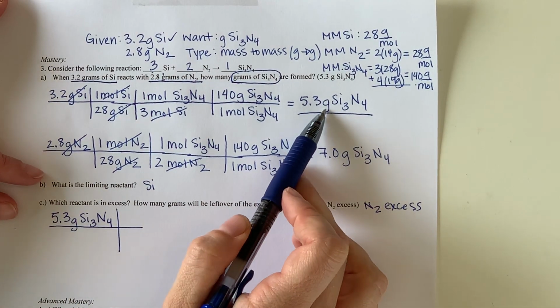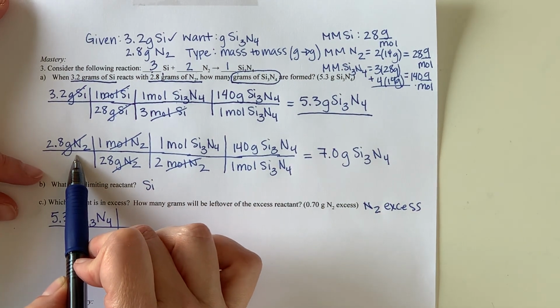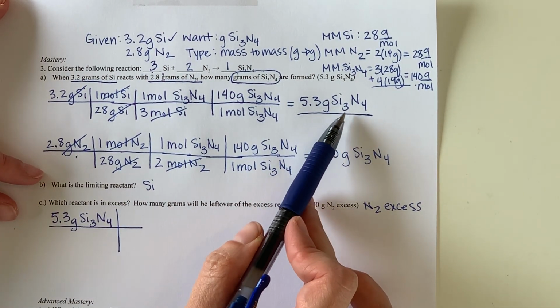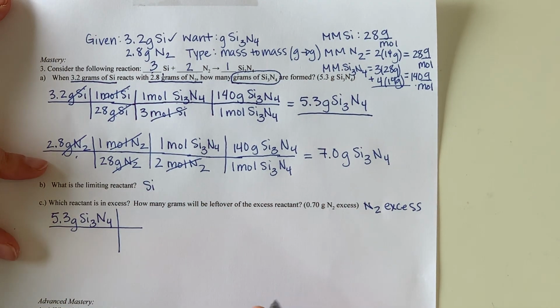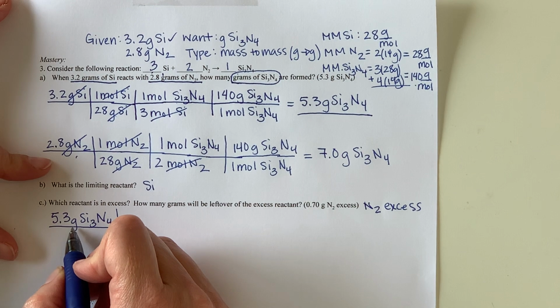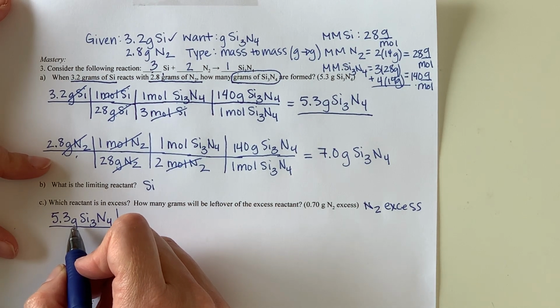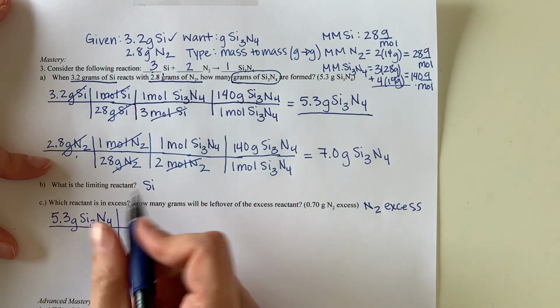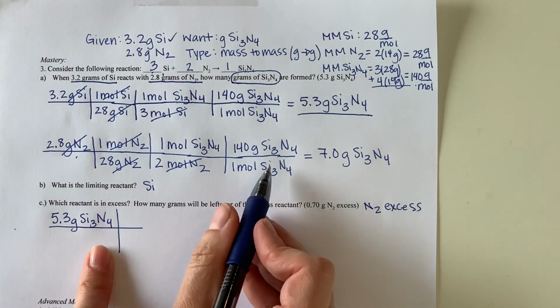And I'm going to convert it back to the reactant I had excess of. So now I'm going to start with that much product, convert it back to N2. That's going to tell me how much N2 I really needed in order to get 5.3 grams of trisilicon tetranitride. Okay, so this is the reverse of what you did.